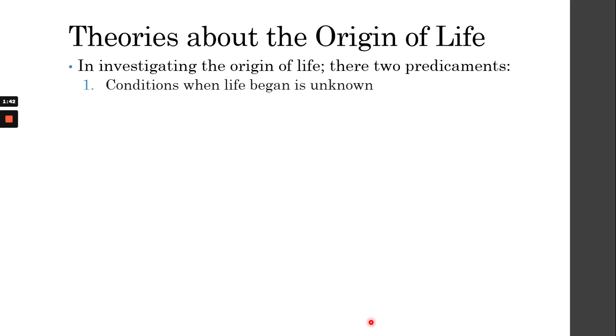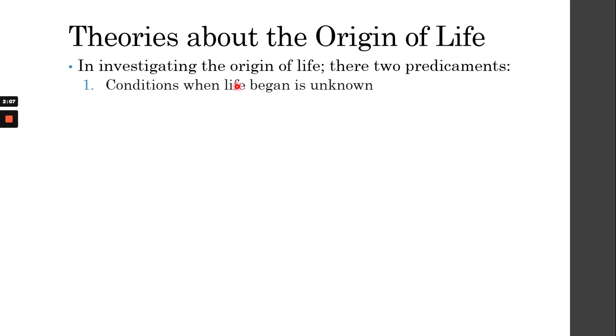It is impossible to go back billions of years for us to identify the condition of the Earth when life began. This is very important because how can we know how life began if we do not know the conditions that contributed to the existence of life?